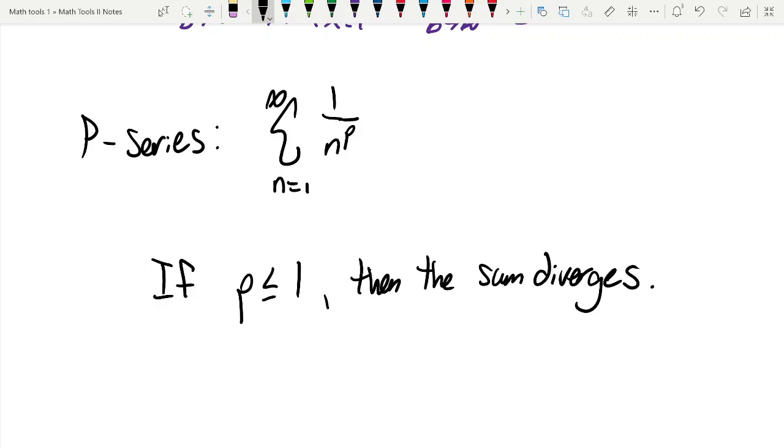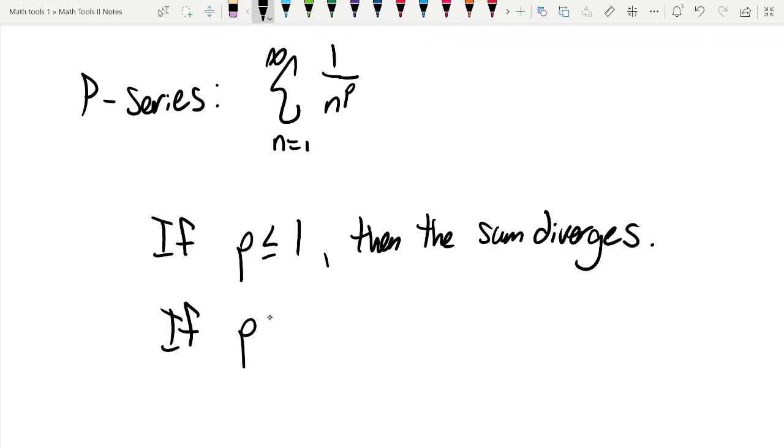I think any integer power less than 1 should be pretty obvious that it's going to diverge. Like for example, if you have p equals 0, then you just have a series of 1s. That's of course not going to converge because you're adding 1 infinitely. If you have negative 1, then you have the sum now of just n, and that's going to be 1 plus 2 plus 3. That's of course not going to converge because it's just going to keep getting larger and larger.